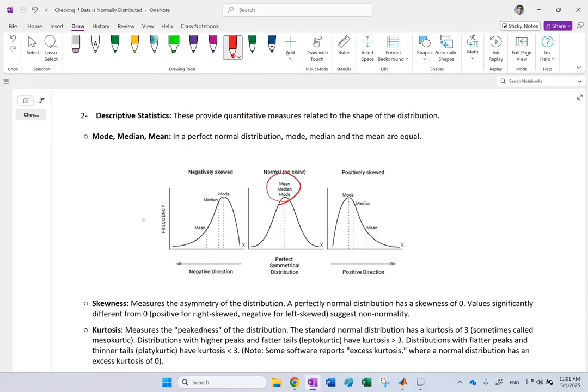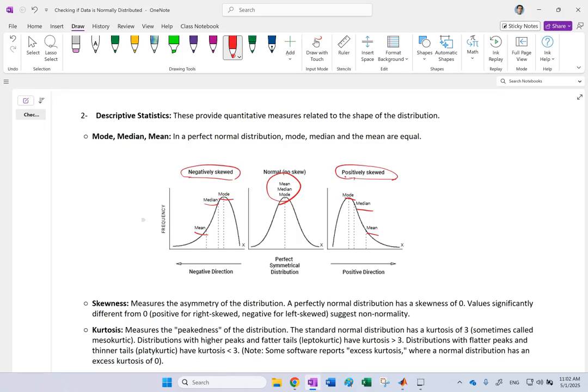But if your data is not normally distributed, like negatively skewed or positively skewed, then you see that here your median is between the mode and mean in both cases. So if your median, mode, and mean are in this kind of order, mean, median, mode, or mode, median, mean, that is an indication of positively or negatively skewed, and that means your data is not normally distributed.